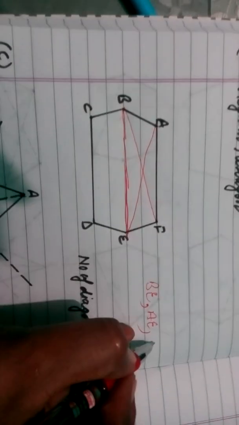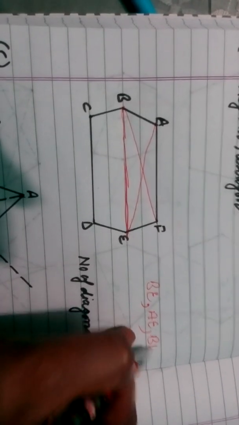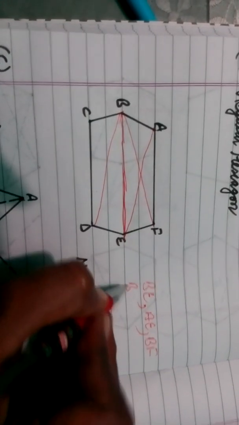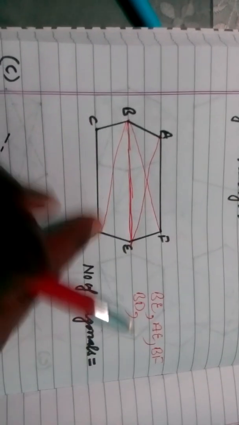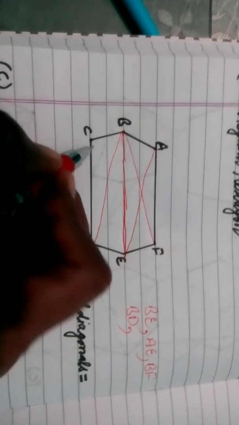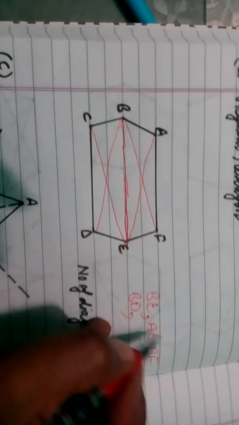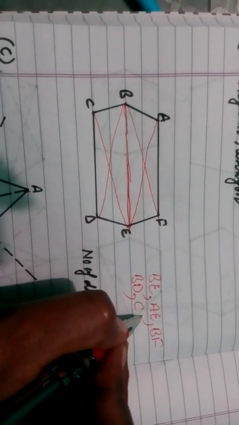Fourth, similarly, will be BD. I'm drawing this by hand, but use a scale for this. And next will be CE.